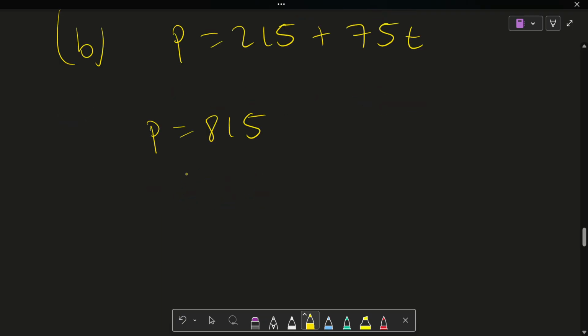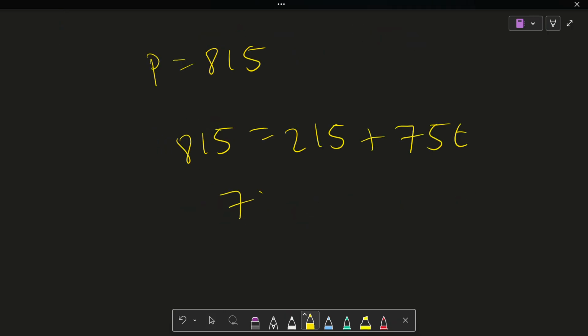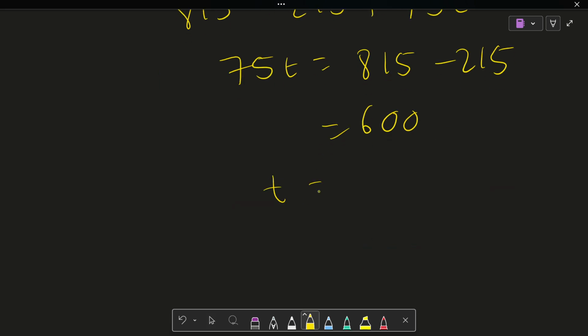So therefore 75t equals 815 minus 215, which is 600. Therefore, t will be 8. Okay.